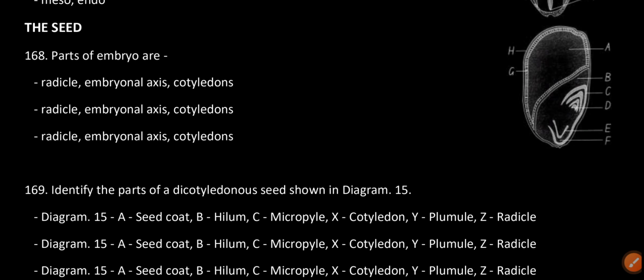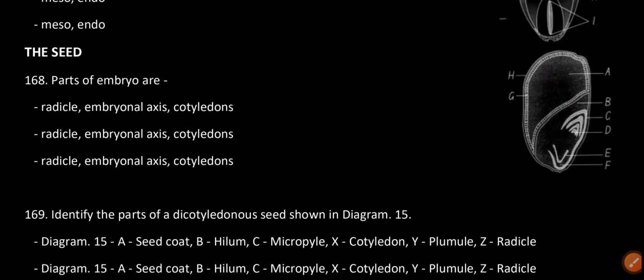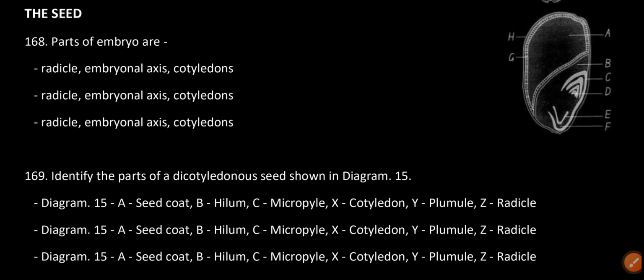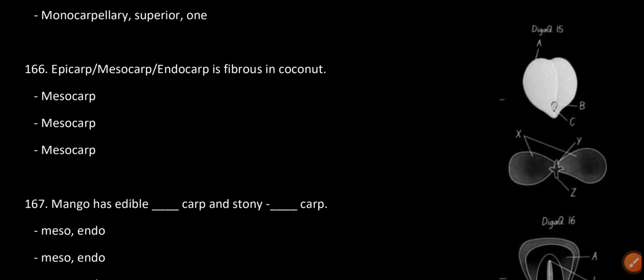And X is cotyledon, Y is plumule, and Z is radicle. So: seed coat, hilum, micropyle, cotyledons, plumule and radicle.